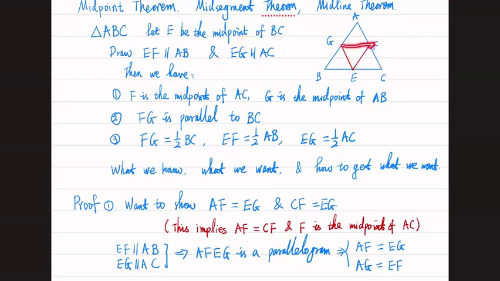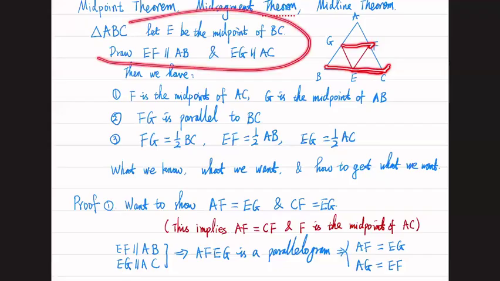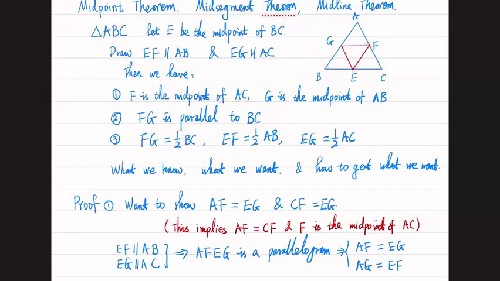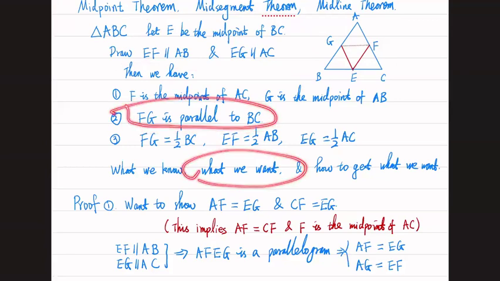What about this other pair, GF and EC? Are they also parallel? Why? Did we see it in the theorem? This is what we want to prove, not what we know.